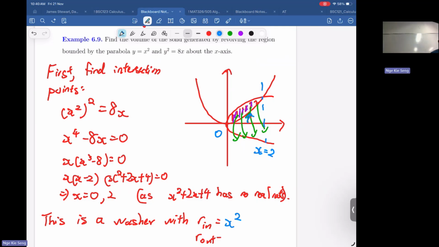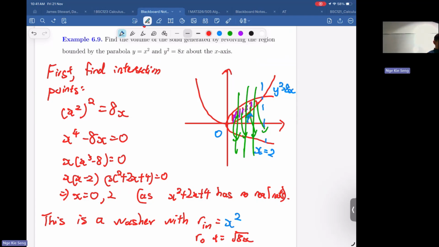So this outside here is actually y squared equals 8x. Just now we split the parabola into 2 parts, right? Because this is not a function if you consider the vertical line test. So you need to write it as y equals square root 8x.